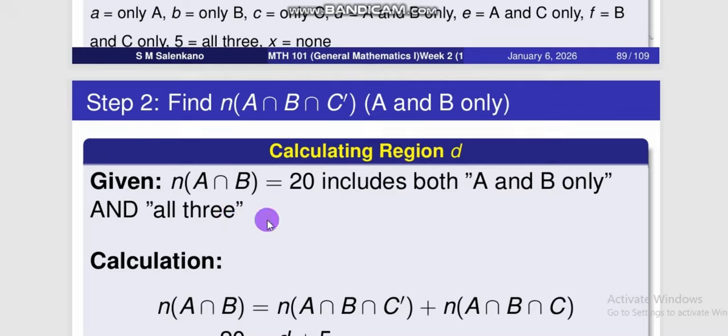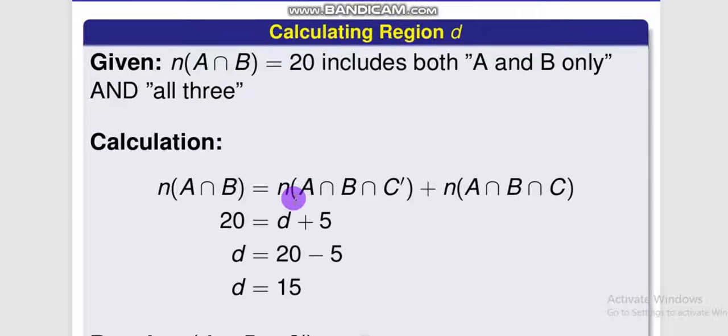You see, it includes A and B only and all the three, meaning some of the people in this 20 read A and B only. Some of them read A and B and C. So we have to remove those who read A and B and C to leave us with those who read A and B only. This is very important.